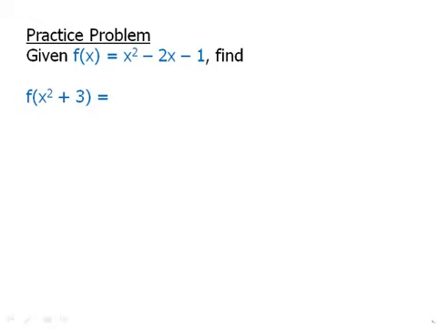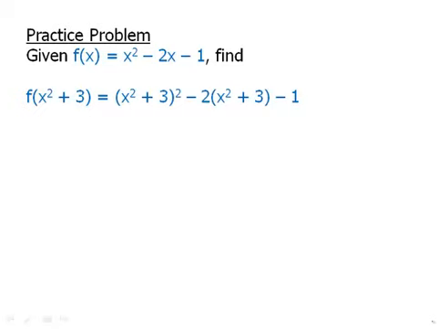Okay, this is tricky. Every x in that original function expression, x squared minus 2x minus 1, is going to be replaced by x squared plus 3. So what we're going to get is x squared plus 3, squared, minus 2 times x squared plus 3, minus 1. Now that first expression, that's the square of a binomial, the square of a sum, so we can use our square of a sum formula.